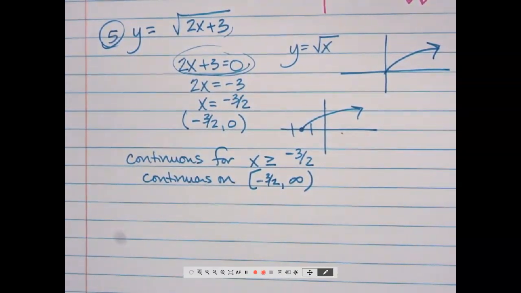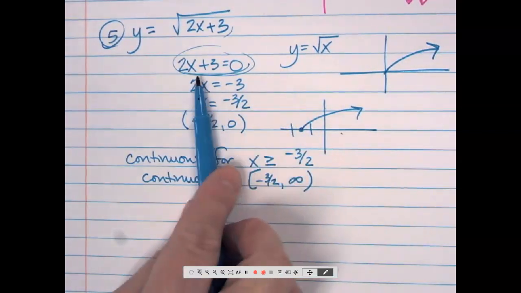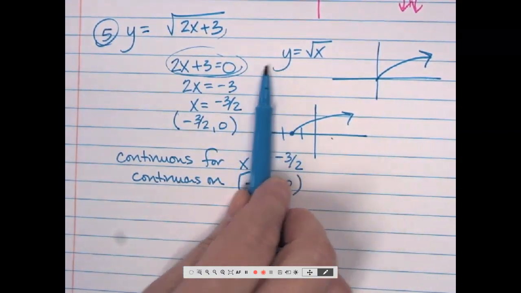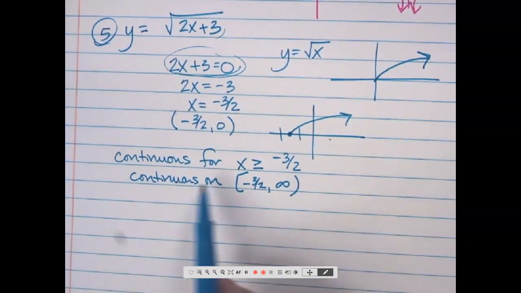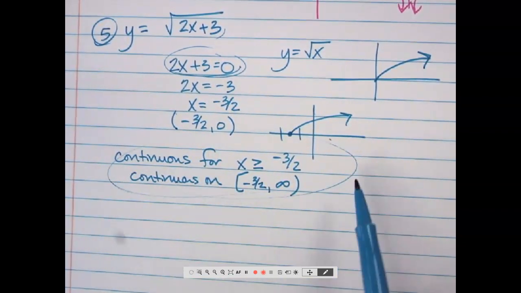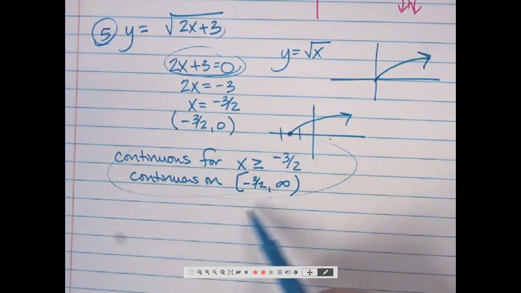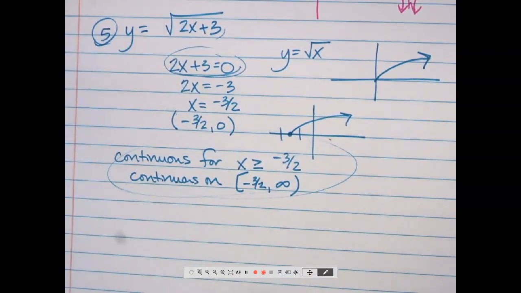It said just put all points in the domain less than this are discontinuous, but they're not really discontinuous, they're non-existent. I kind of have a beef with the textbook answer on that one. I think it would be best to just state there's no discontinuity. It's continuous for everything to the right and including negative 1.5.